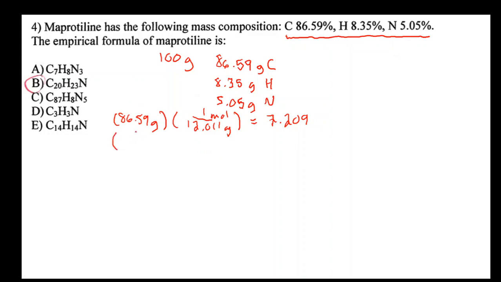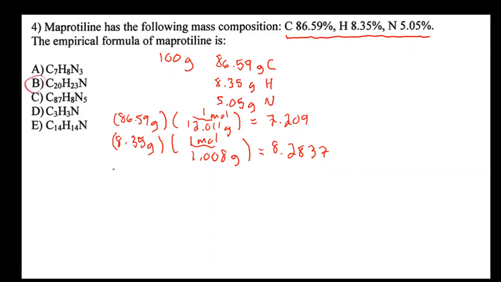Perfect. So then we'll likewise want to do the same thing for these other two. So 8.35 grams. And then hydrogen has a mass per 1 mole of 1.008 grams per mole. And that equals 8.2837. Yeah, close enough.